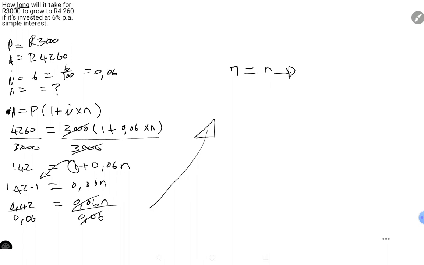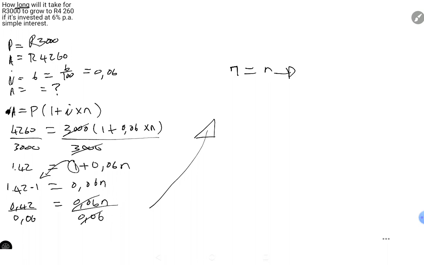It is attached to it because there's no plus or minus between the amount and the bracket itself, so that means it's multiplication. So we divide by 3,000 on both sides, and on the left hand side I got 1.42 when I divided on my calculator, and then we are left with 1 plus 0.06N, because 0.06 times N is 0.06N. And then we grouped our like terms.